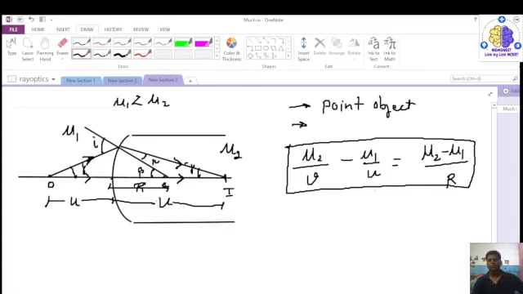Now what we are supposed to remember over here is, the very first thing, that this formula which I have written over here is valid for both concave surface or convex surface, right?